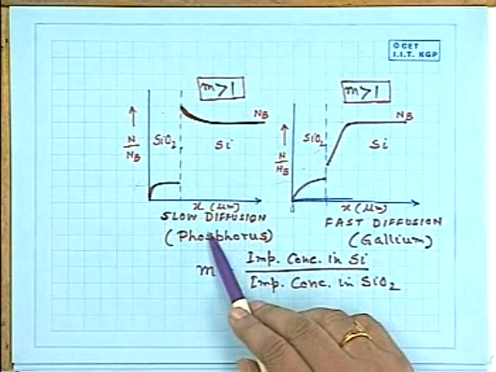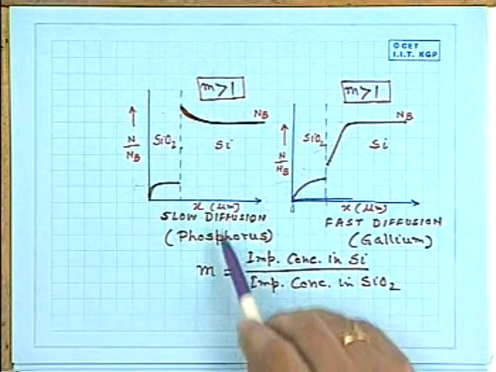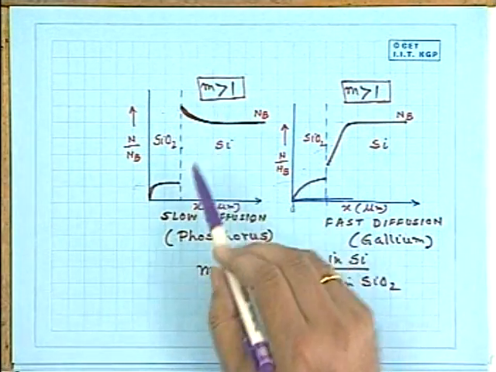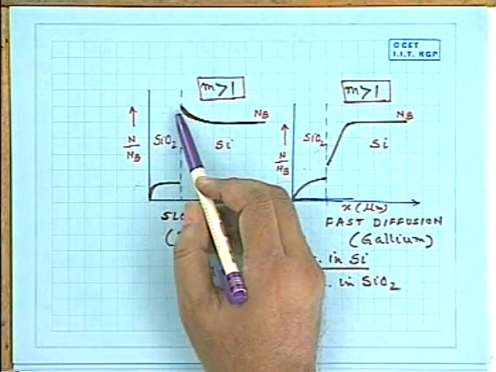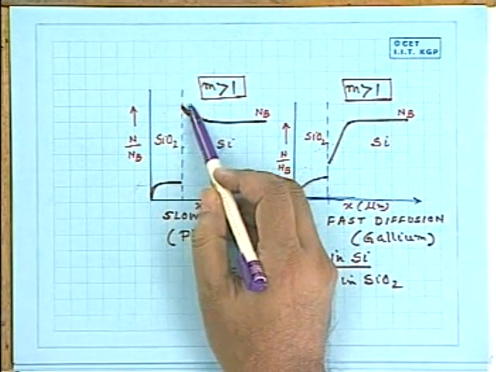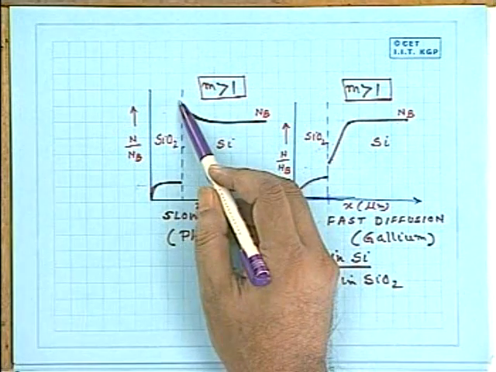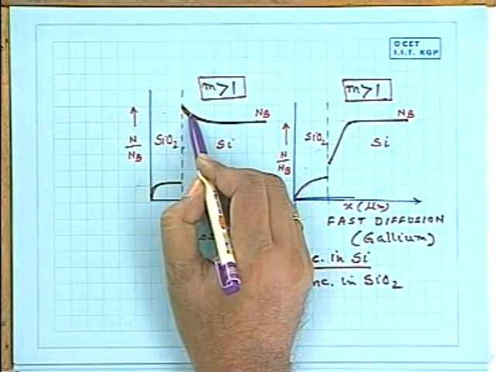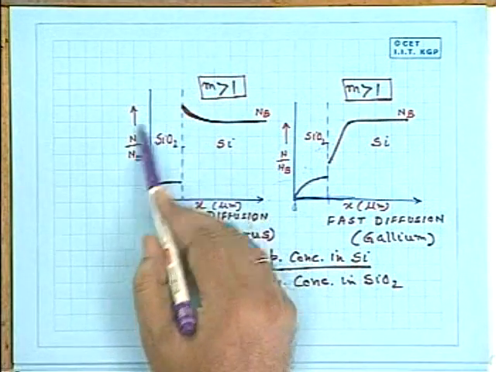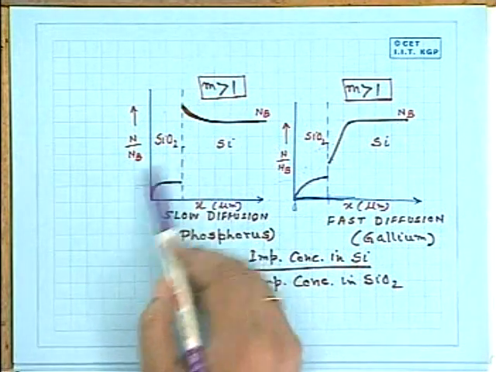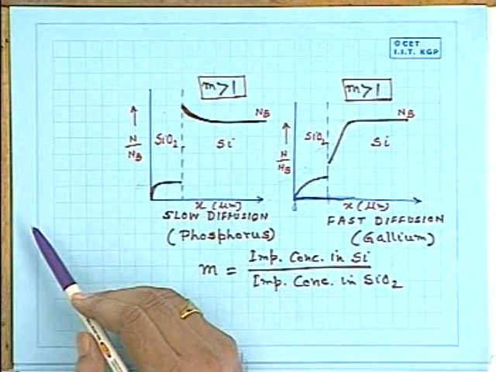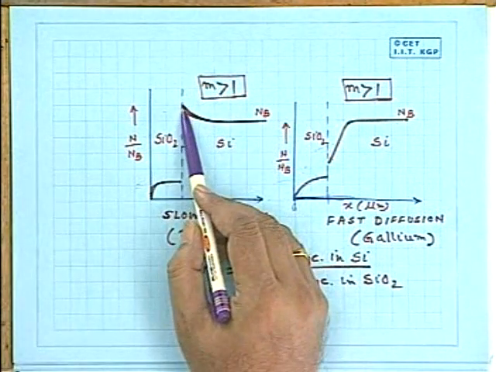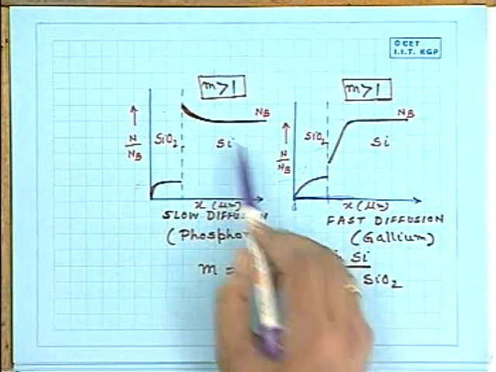This is the example of phosphorus, and because m is greater than 1, at the interface always, that means at the surface, phosphorus tries to accumulate more, and that you have also seen in your anomalous diffusion profile of phosphorus, flat near the surface. If you now remove the silicon dioxide, because you can etch silicon dioxide completely after driving, then you can see the profile of the dopant atoms in the silicon.